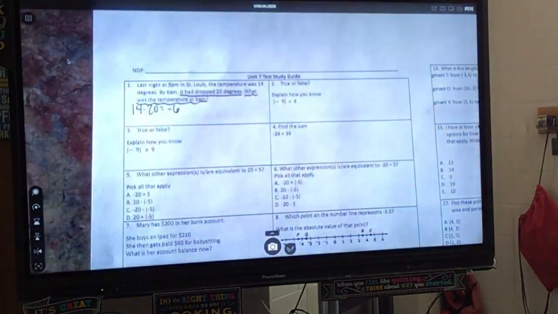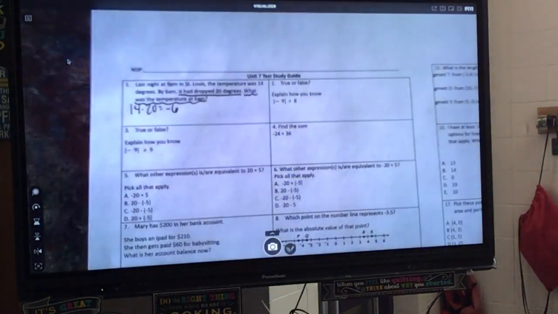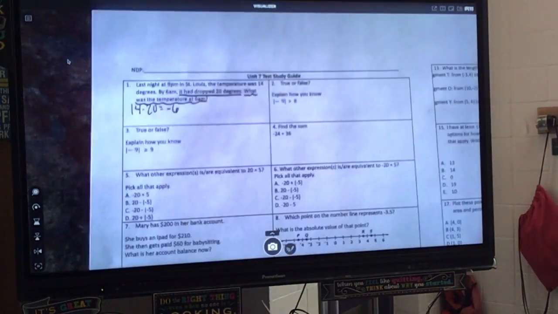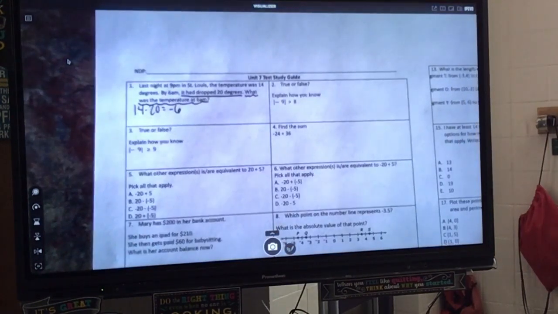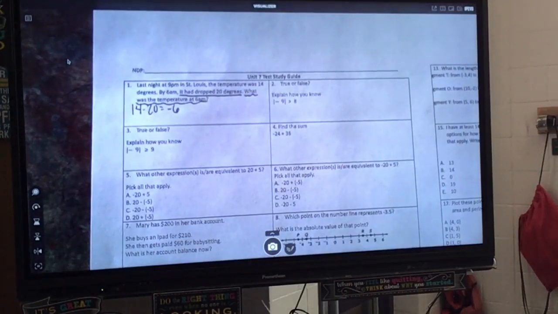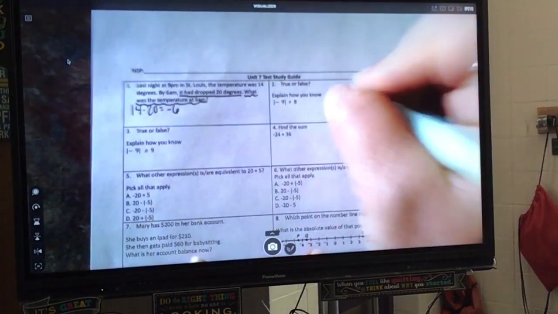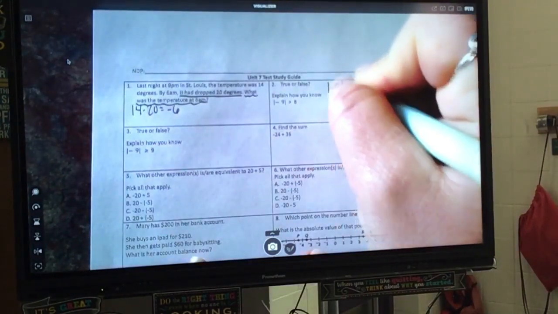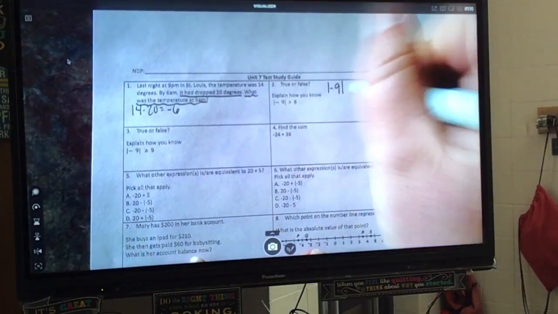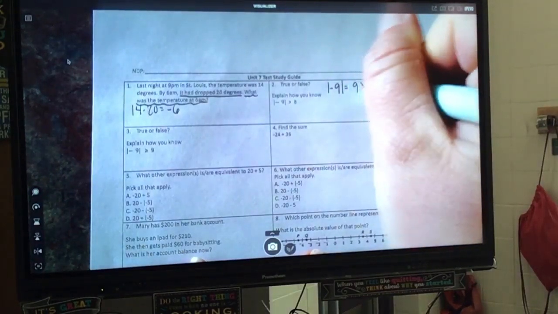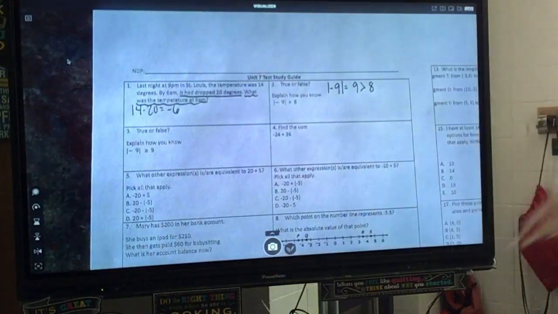All right, number 2, true or false? And then obviously we have to explain how we know. All right, so stand up if you said true. Okay, and when you find the absolute value of negative 9, what do you get? 9. And 9 is greater than 8. So that is true.